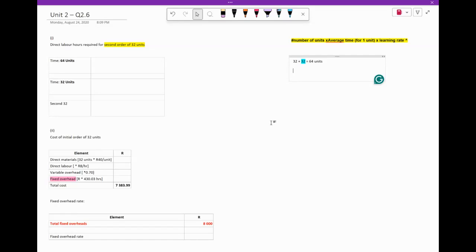For variable overhead, 70 cents per direct labor hour. And finally, for fixed overhead, 8,000 per 4-week operating period. Take note of that operating period. So that's a month, basically.